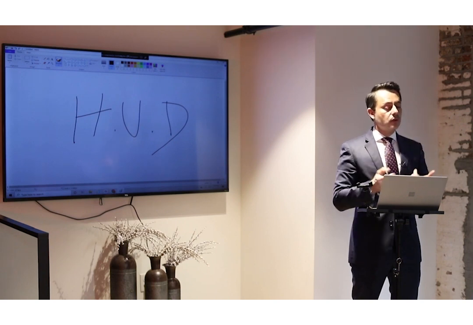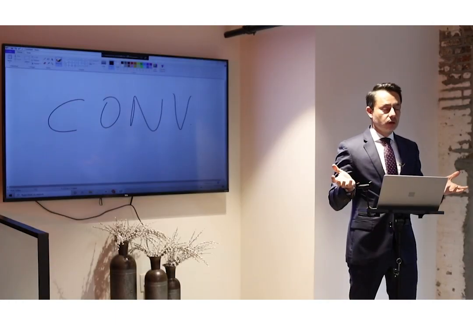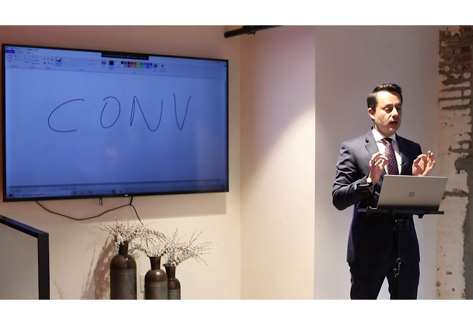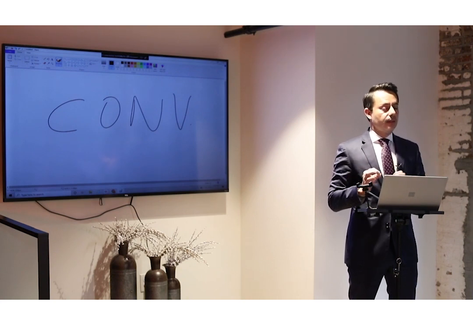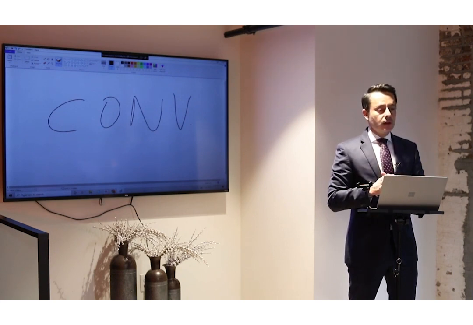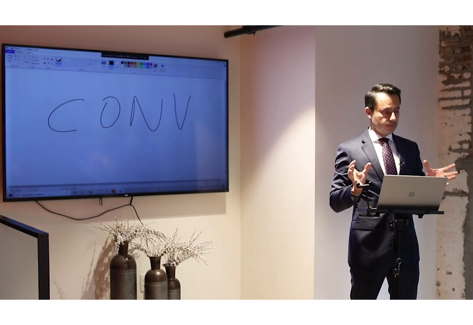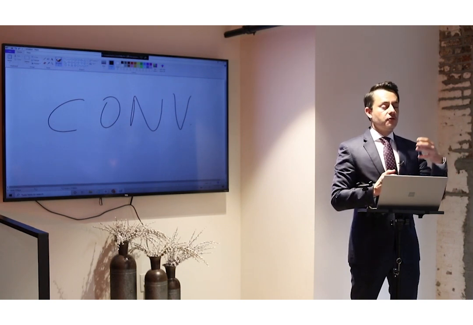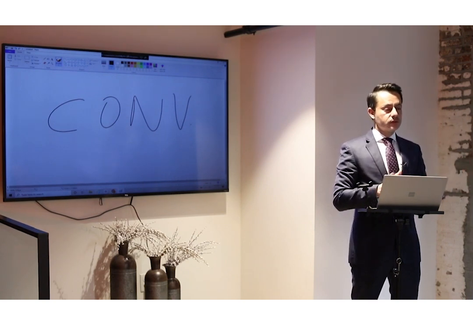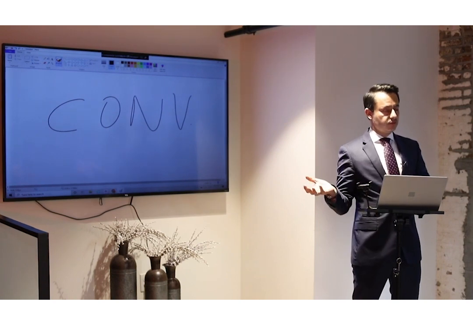So now let's talk about conventional loans. A conventional loan has a few characteristics that make it unique. A conventional loan is not regulated by the government, thus it can fit in different molds. You have Freddie and Fannie Mae conventional loans, and then you have other types of conventional loans.